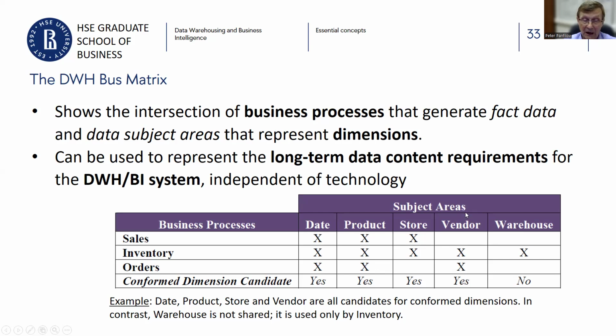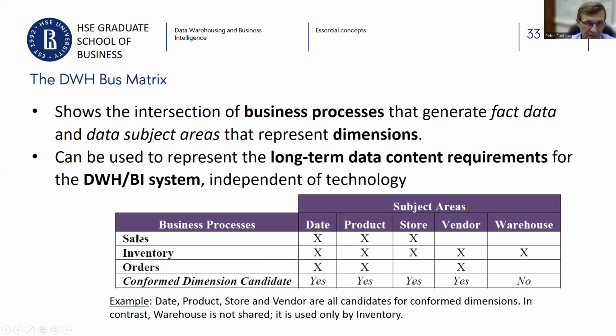Opportunities for conformed dimensions exist where multiple processes use the same data. On this particular slide, you see a sample bus for Kimball's data warehouse.